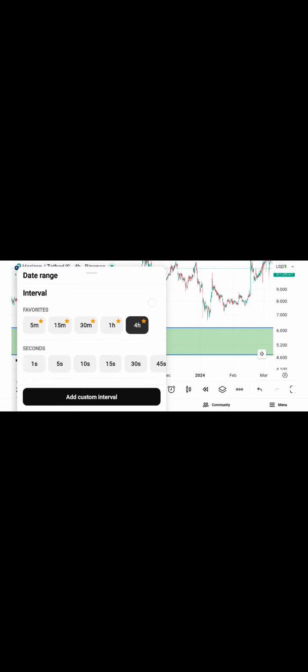I draw these lines starting from the 1 month time frame up to 4 hours. I make sure the lines are there. When I talk about lines, I mean support and resistances.